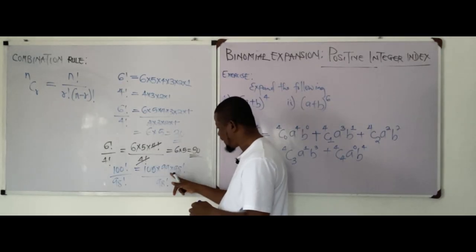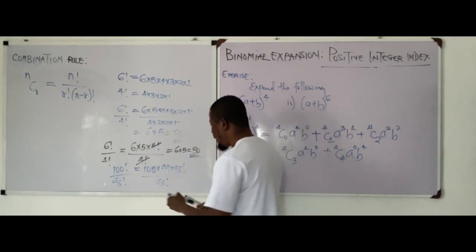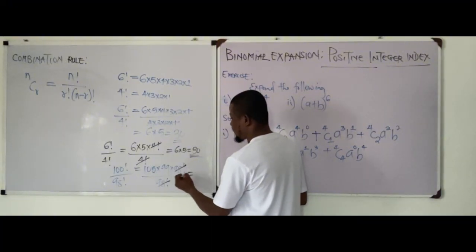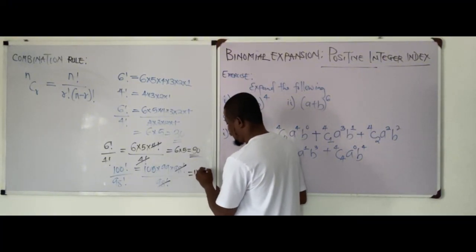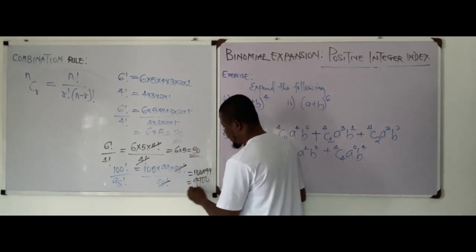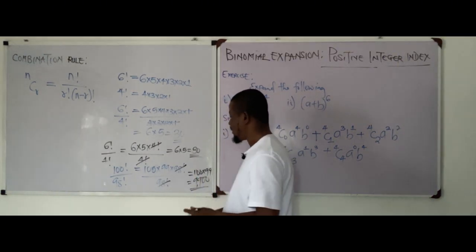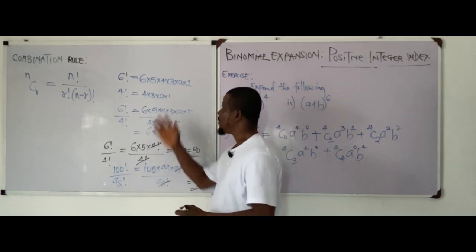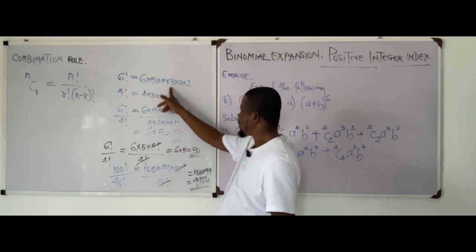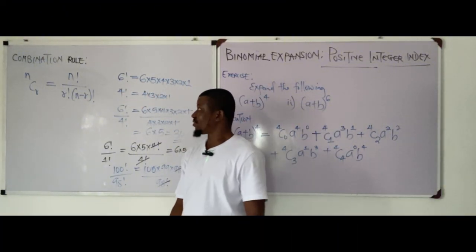This 98 factorial will clear out that 98 factorial, so you have 100 times 99, which is 9,900. And this is how you solve your factorial. The concept is simple: when you have a factorial, just write the number, reduce it down, and multiply it through. That's the concept of factorial.